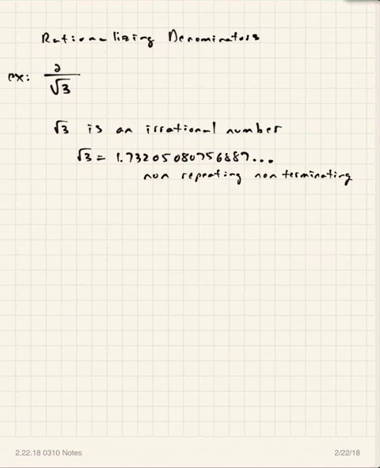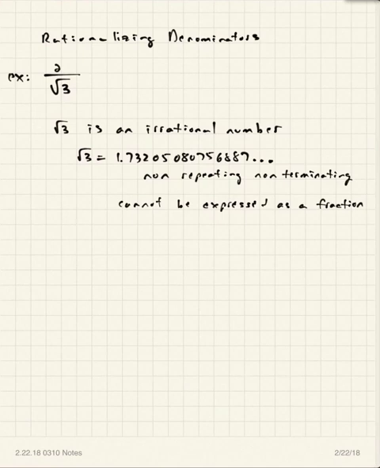Another characteristic of an irrational number is that it's a number that cannot be expressed as a fraction. There is no way to express it as a fraction. When I say a fraction, I'm talking about like 2/3 or 5/3 or something like that. There's no way to do that.